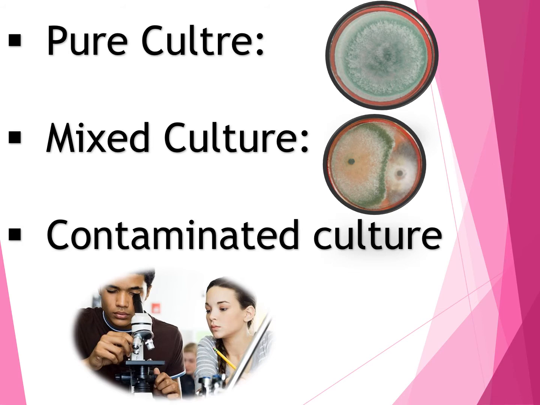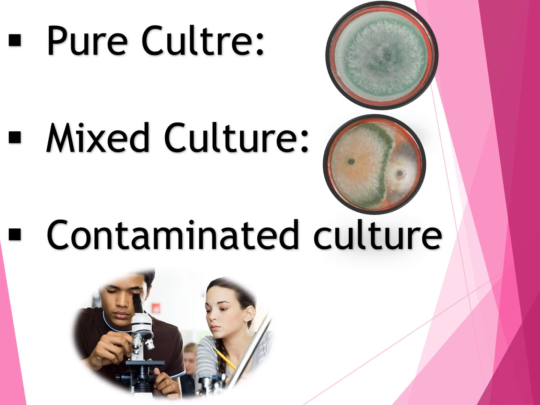You can see in this picture only a single microorganism is grown, so it is called pure culture. It is also known as axenic culture. A pure culture is a population of cells derived from a single cell.